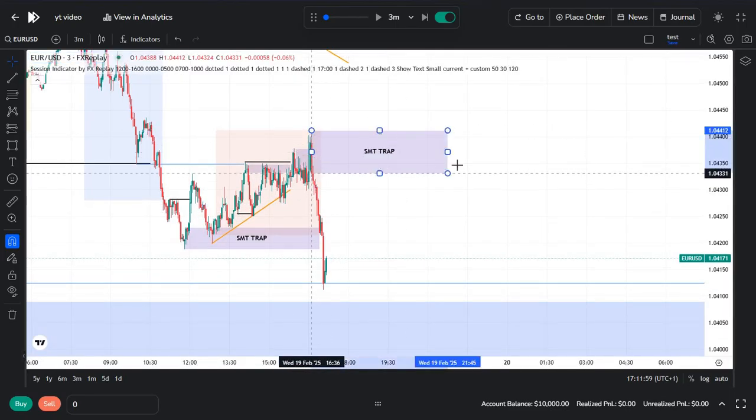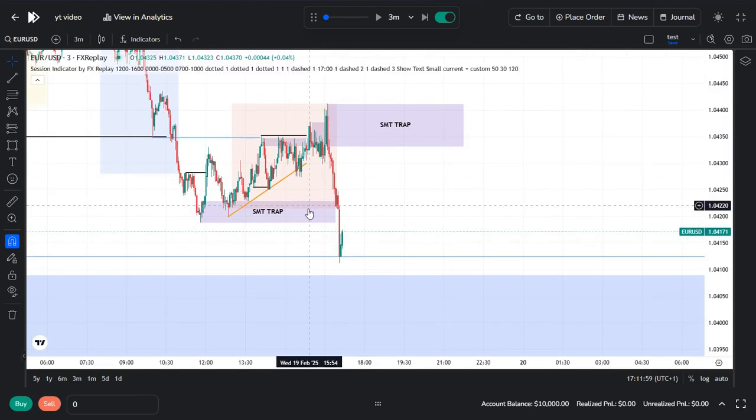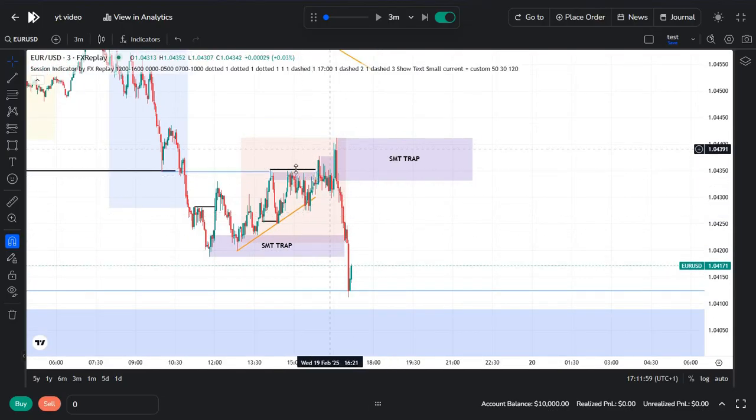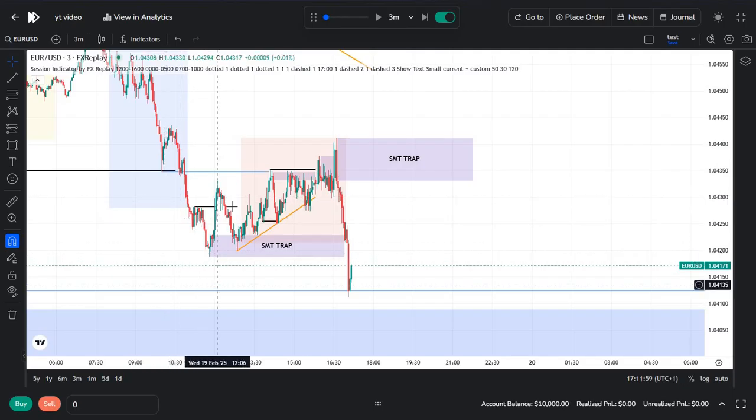And why that is, is because they were right all along when they tried to long themselves here. But now that this high took this liquidity out and the price is going lower, like I said previously, how they think price moves is higher highs, lower lows, higher highs, higher lows, and lower lows and lower highs.